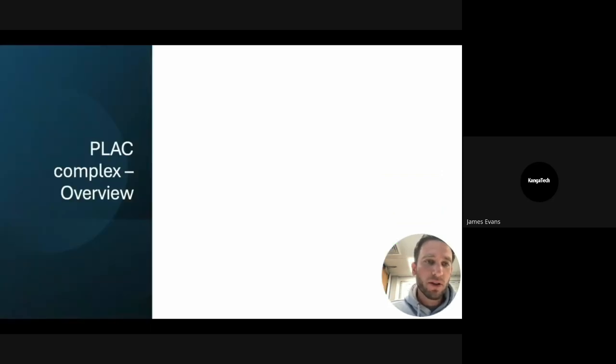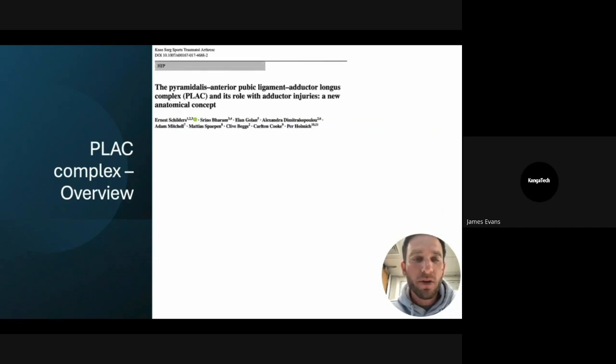Before we look at the case, let's have a look at the anatomy of the PLAC itself. It's first described in this paper by Schilders, which is a great paper outlining in great detail, and it's got some great pictures in there of the anatomy.